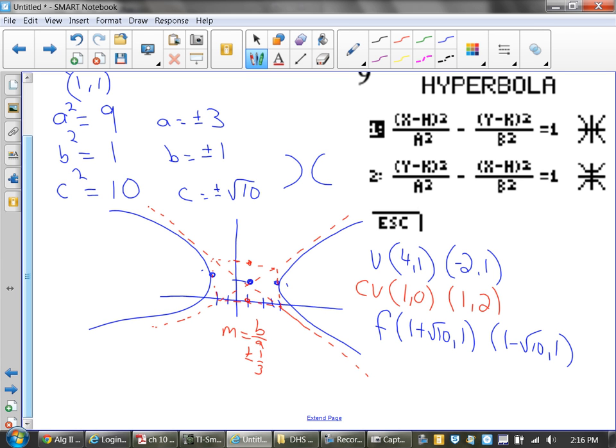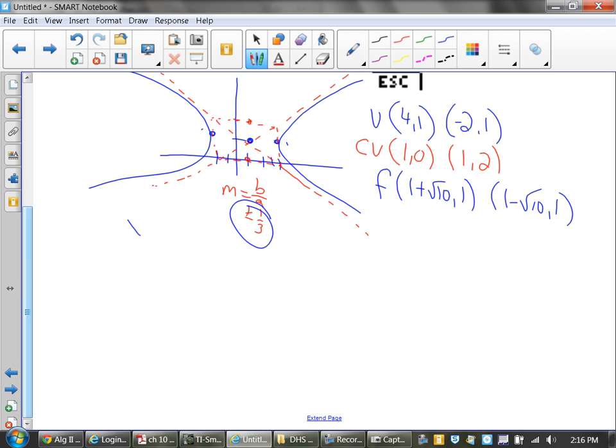Just like Morgan said, we've already identified what our slope is, but we have to write the equations of the lines of the two asymptotes. So now we're going to use that slope, but with what point? Center. Very good. So our last thing with the hyperbola is that we're going to use y minus 1 equals 1/3 (x minus 1), and then y minus 1 equals negative 1/3 (x minus 1).